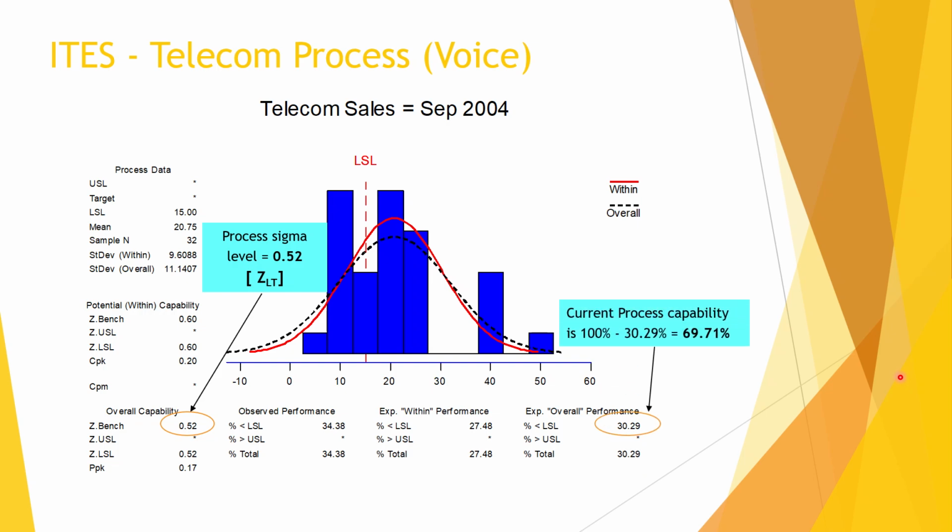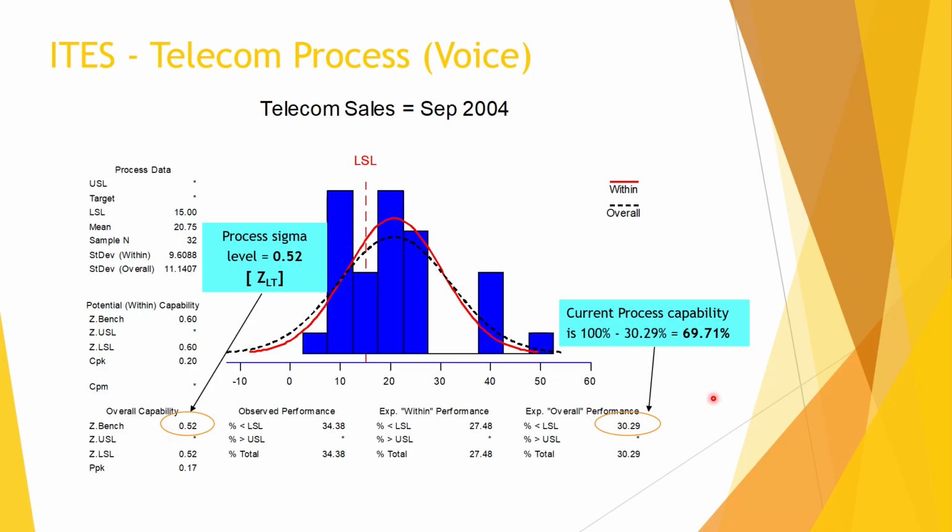Current process capability is 100% minus the 30.29% equals 69.71%. Whoa. Do you want a current process capability at only 70%?